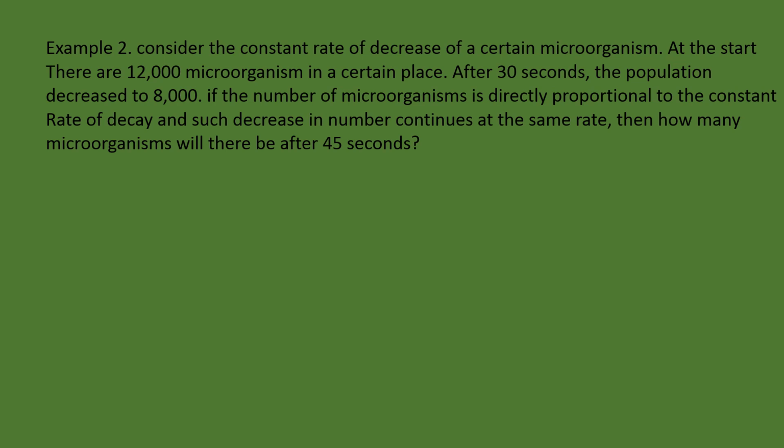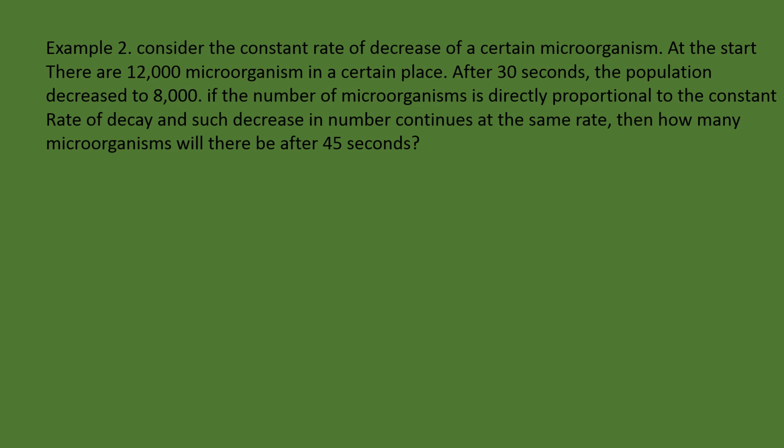If the number of microorganisms is directly proportional to the constant rate of decay, and such decrease continues at the same rate, then how many microorganisms will there be after 45 seconds? So, as we observed, our initial population is 12,000. Then after 30 seconds, it decreases to 8,000.